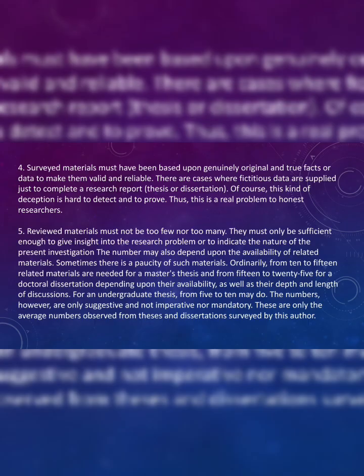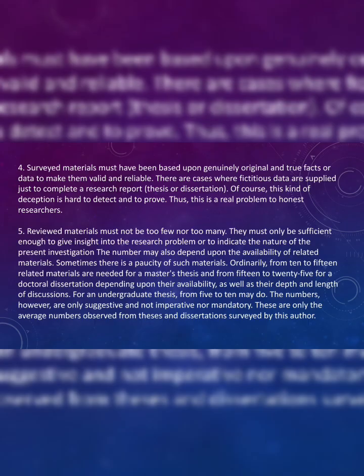Sometimes there is a paucity of materials. Ordinarily, from 10 to 15 related materials are needed for a master's thesis and from 15 to 25 for a doctoral dissertation, depending upon their availability as well as their depth and length of discussions.